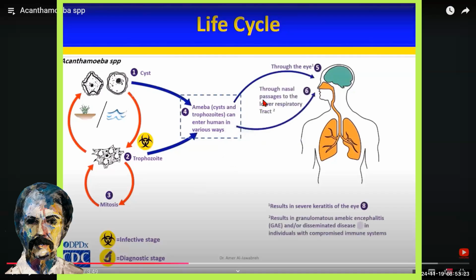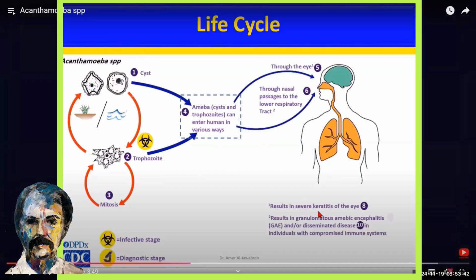Or they can get through nasal passages when you smell, and then from the nose, nasal cavity, the nares, go down to our lungs. If it's in our eyes, it's going to cause severe keratitis. If it gets access to our lungs, it's going to be disseminated and cause the same thing as in Balamuthia, granulomatous amoebic encephalitis, GAE.